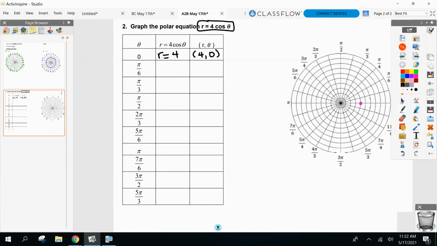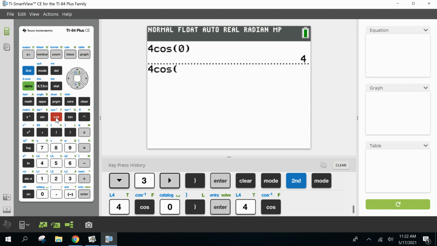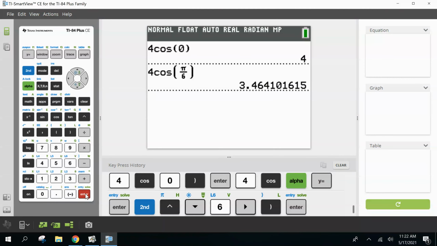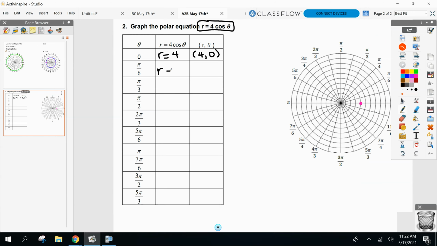I'll do one more with you, then I'm going to start calling on people. Pi over 6. So I go to my calculator, 4 cosine pi over 6, if it's in radians. I get a decimal, so just go nearest tenth for me. We'll say 3.5. So r equals 3.5, and the point is (3.5, pi over 6).